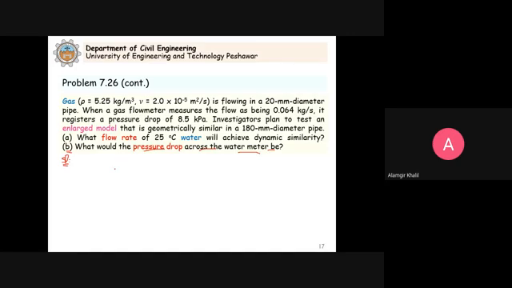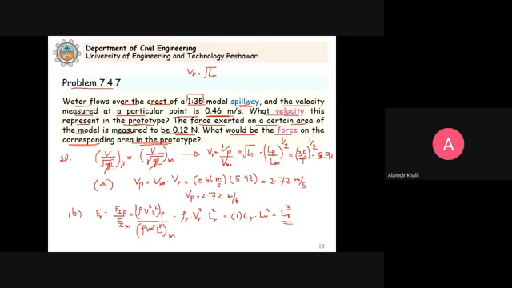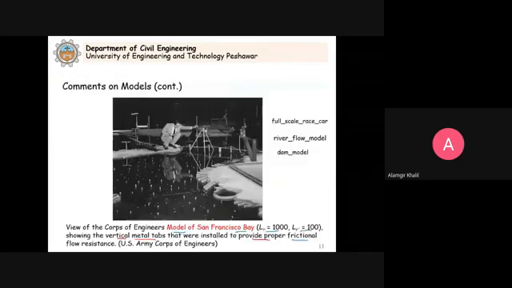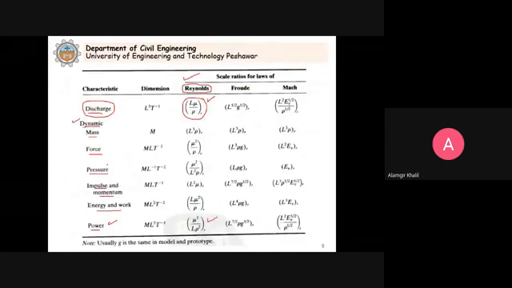Again from the table, you will come here, and we have this pressure here, and for the Reynolds number, this is the pressure scale ratio. So you will pick this from here.